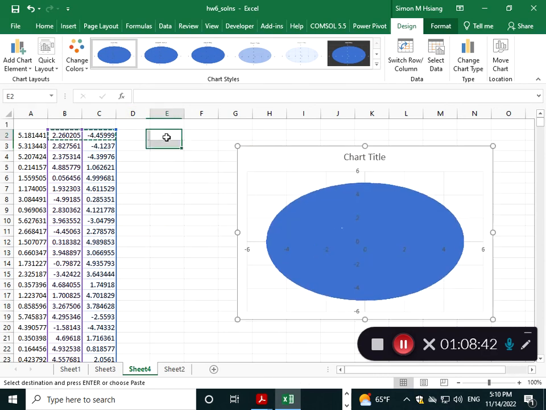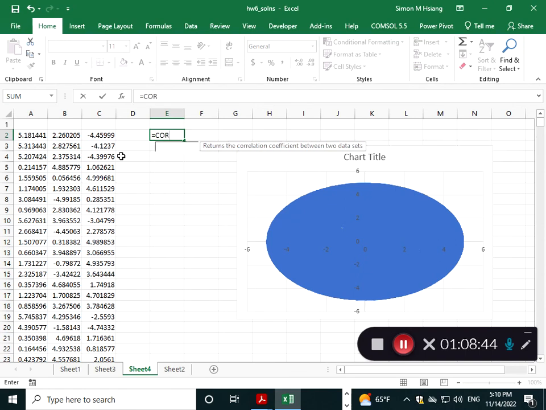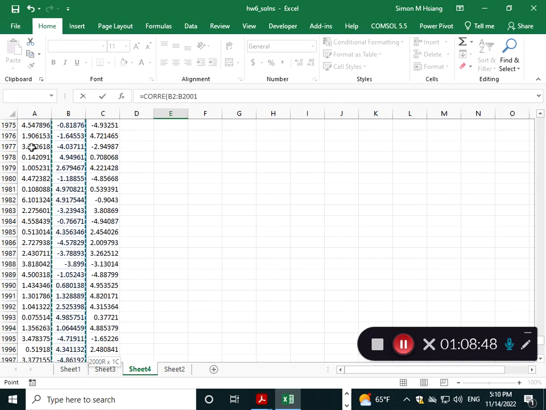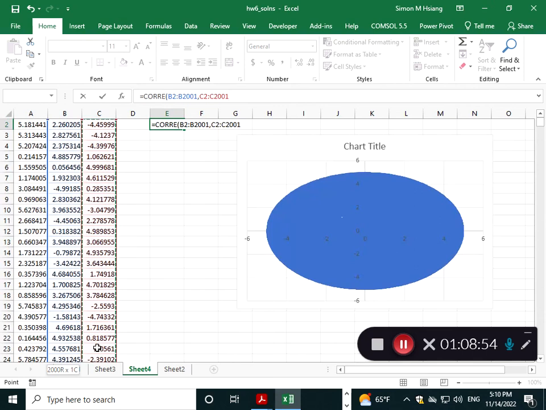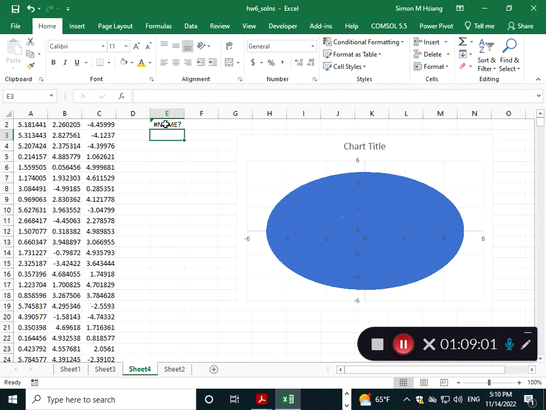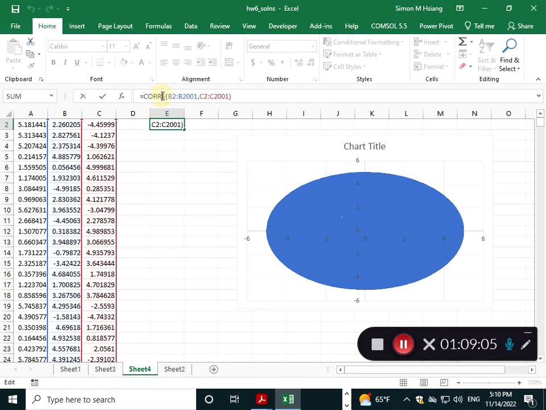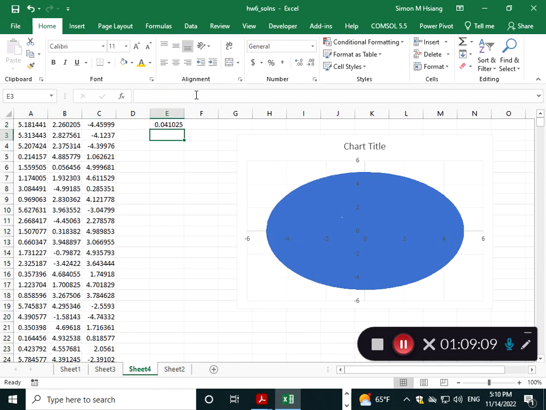But if you calculate a correlation coefficient between the x and y, it's going to be very, very small.